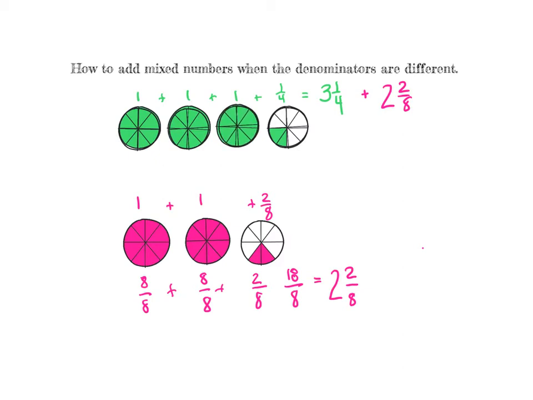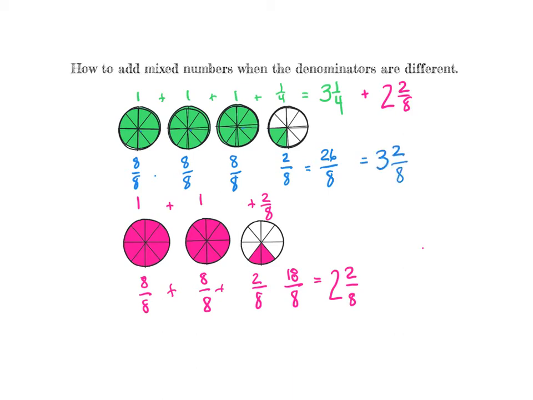So this now becomes 8 over 8, 8 over 8, and 8 over 8, and you will see that this one is now 2/8. Okay, so if we add up all the top numbers, we have 3 times 8 is 24, plus 2 is 26/8, or visually you can see it's 1, 2, 3, and 2/8.